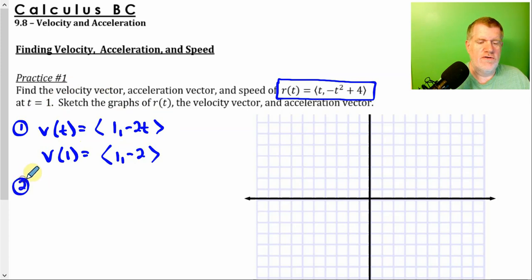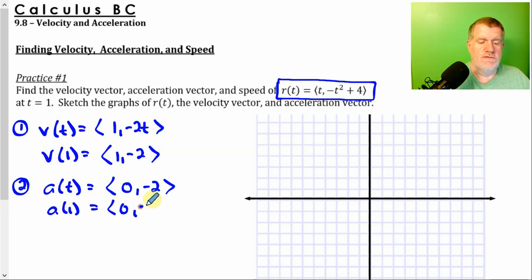My acceleration vector, let's go just t at first, would be the derivative of velocity. So the derivative of 1 is 0. The derivative of -2t is -2. Don't technically have to plug anything in, because a of 1 would be <0, -2>. In fact, the acceleration is always <0, -2>. This thing is always being pulled down. It's not being pulled left or right at all, but it's being pulled down.